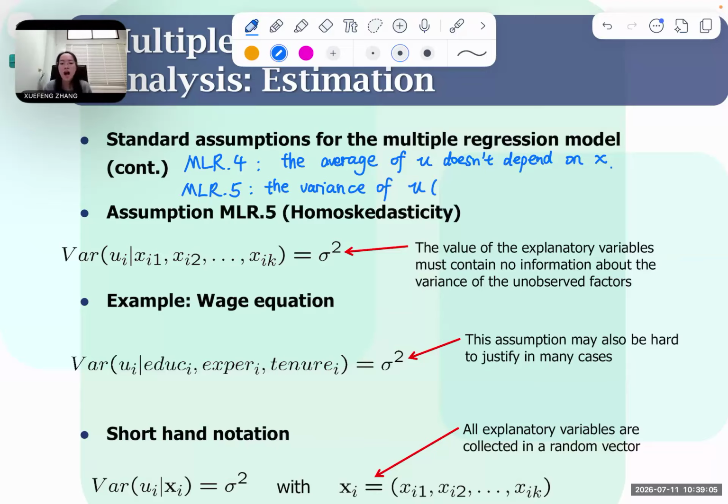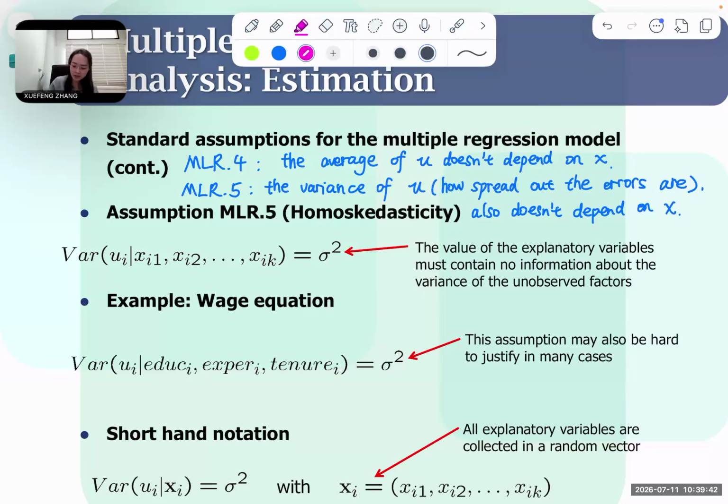One is for the average, another one is for the variance.